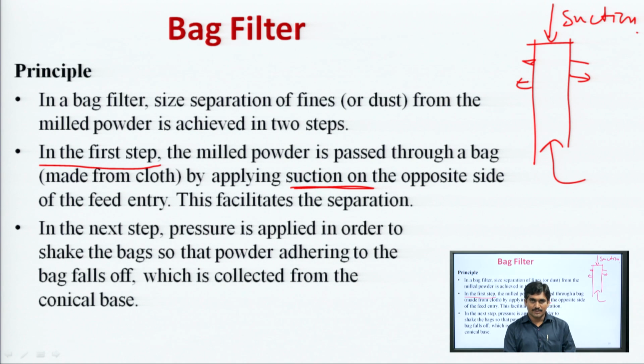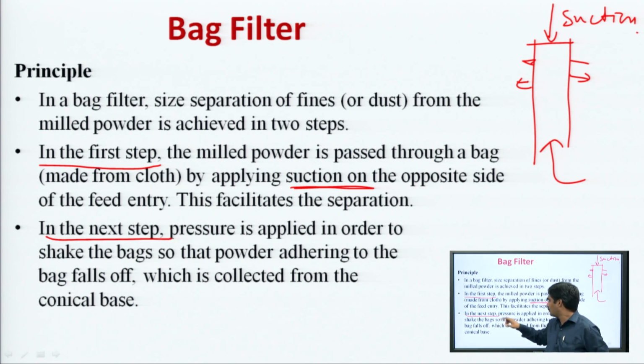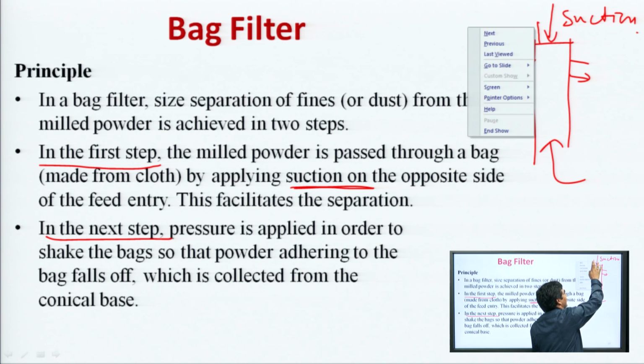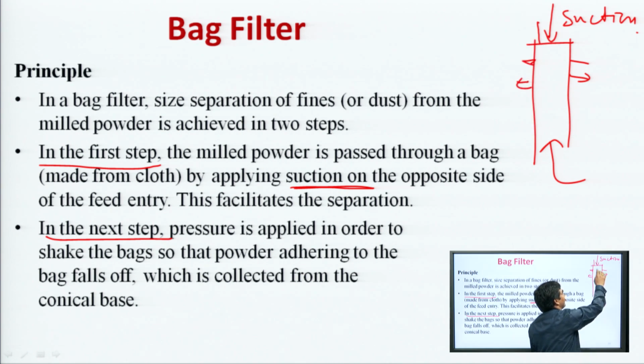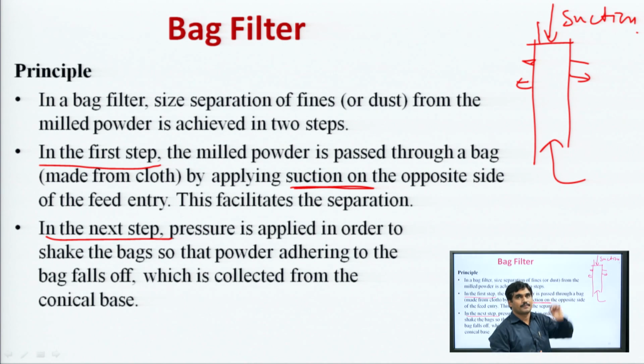So, in the next step, that is the second step, what we are doing is, pressure is applied in order to shake the bags. As soon as we have first applied the suction, the particles get separated, then we have to apply pressure on these bags.